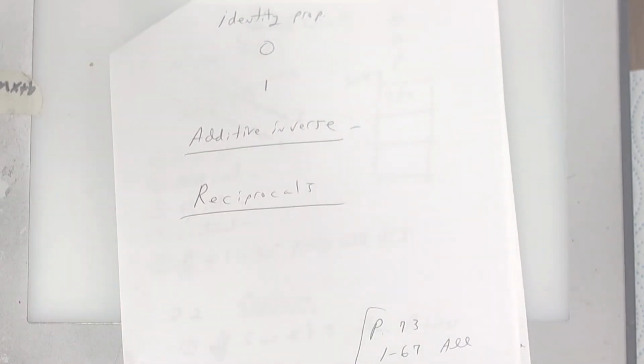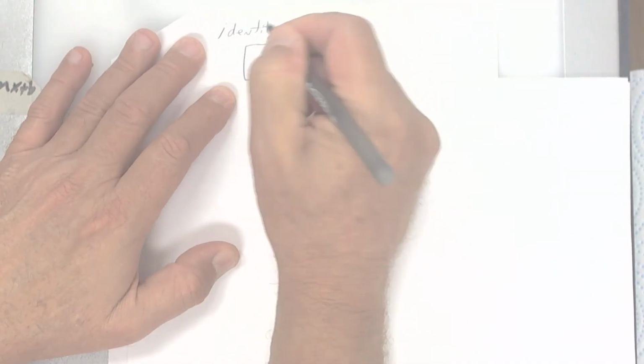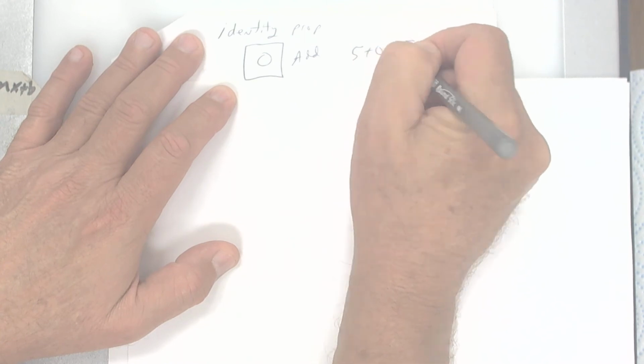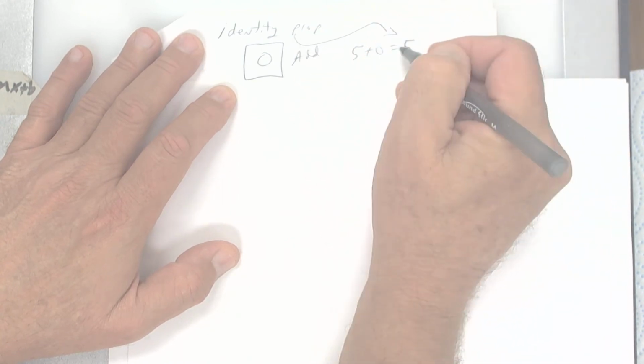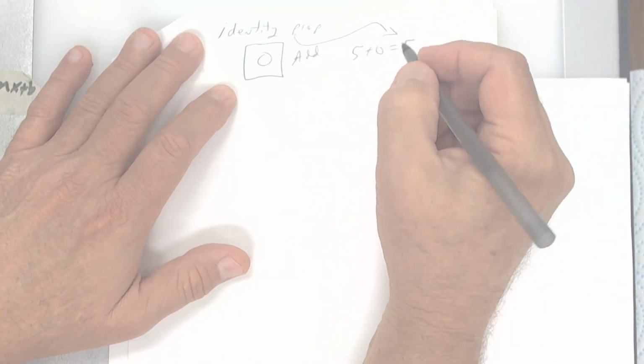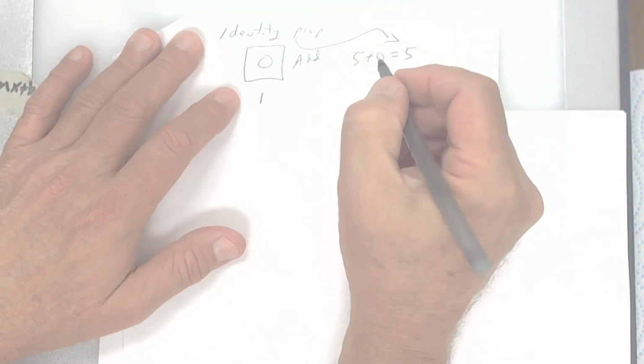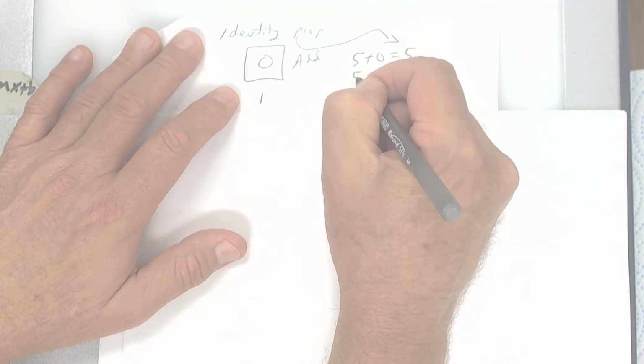All right, there's something called the identity property. Well, for addition, it would be 0. In other words, 5 plus 0 is still 5. It's an identity. Identity means it's the same thing. Well, you can't do 5 times 0.